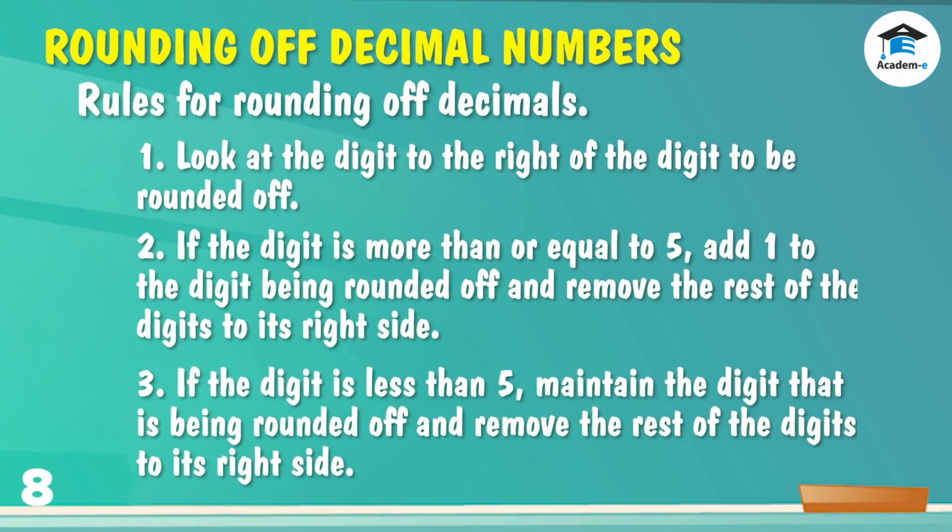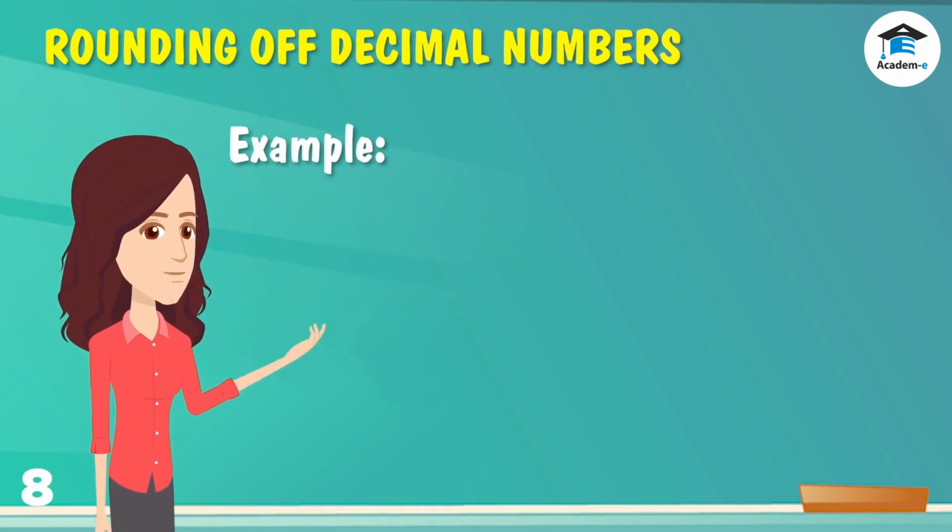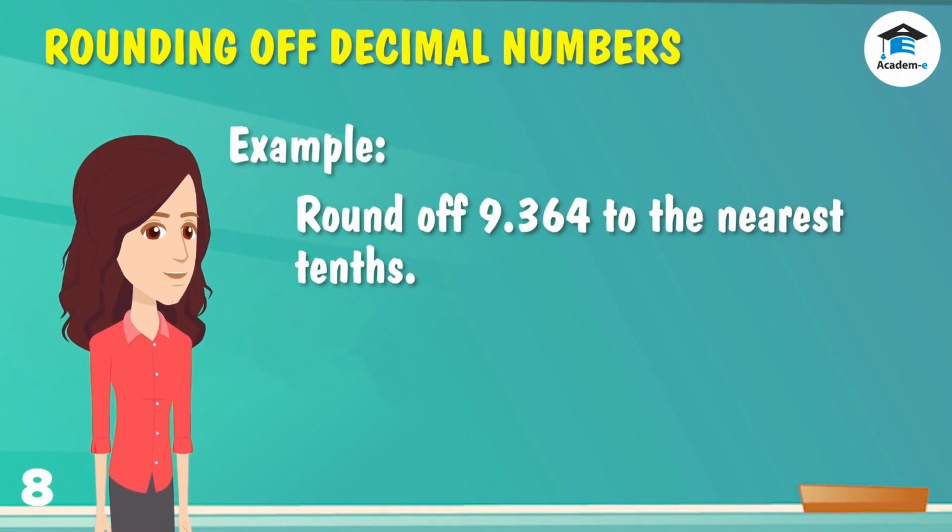If the digit is less than 5, maintain the digit that is being rounded off and remove the rest of the digits to its right side. Example. Round off 9.364 to the nearest tenths. Answer. 9.4.